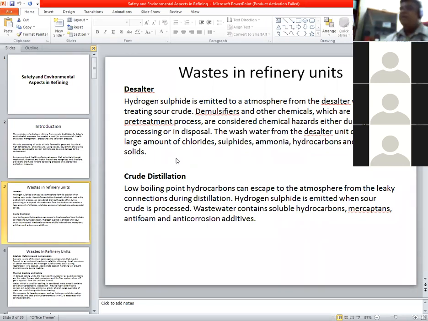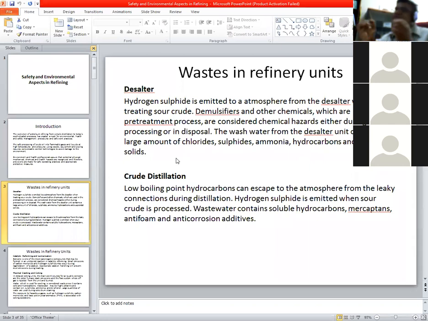Next activity, crude distillation. In crude distillation, you know that physical separation occurs with temperature. At high temperature, we get different fractions. We are getting intermediate products like naphtha, atmospheric gas oil, kerosene, some gases from the top, also LPG and propane gas. Everywhere there are joints and some flanges.